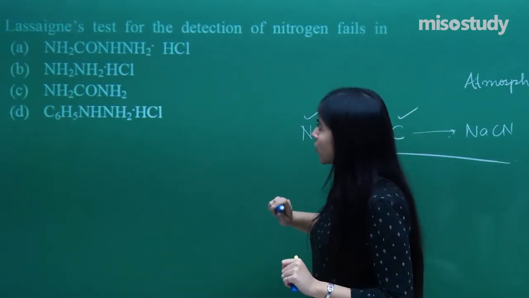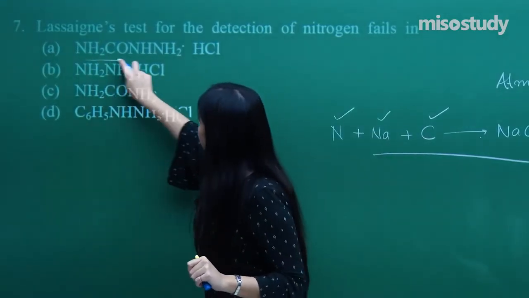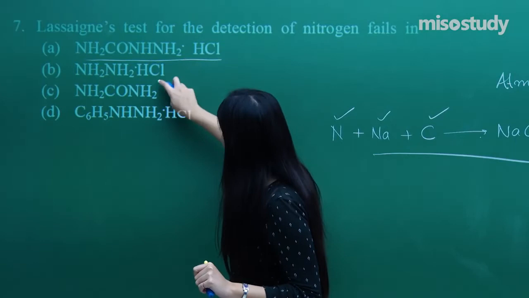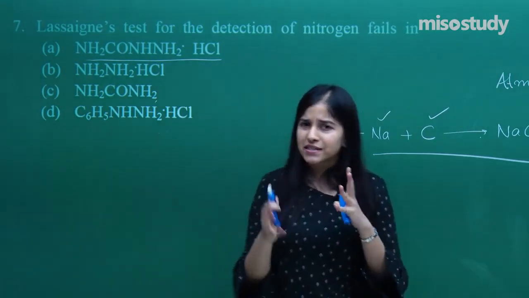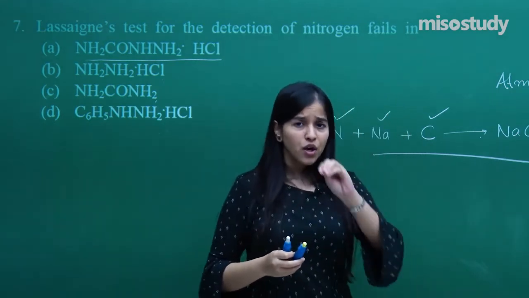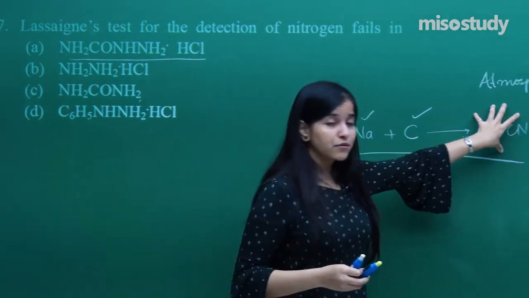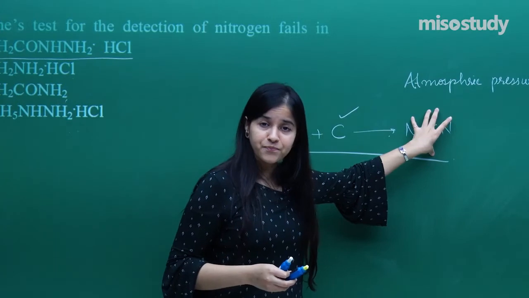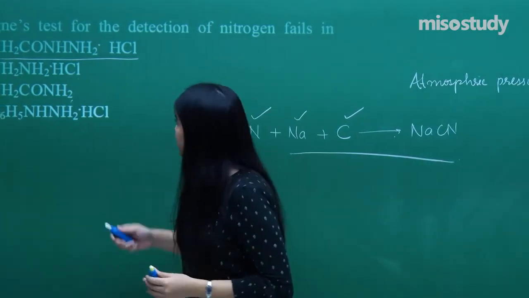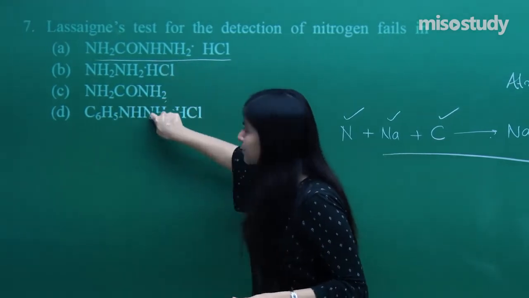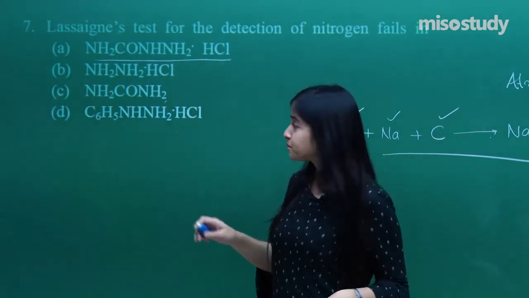Now if I just check the options, out of all the options, can you see a compound in which some kind of element is missing which would not form this LE? So I need carbon specifically, I need nitrogen specifically. So over here nitrogen is present in each and every compound.